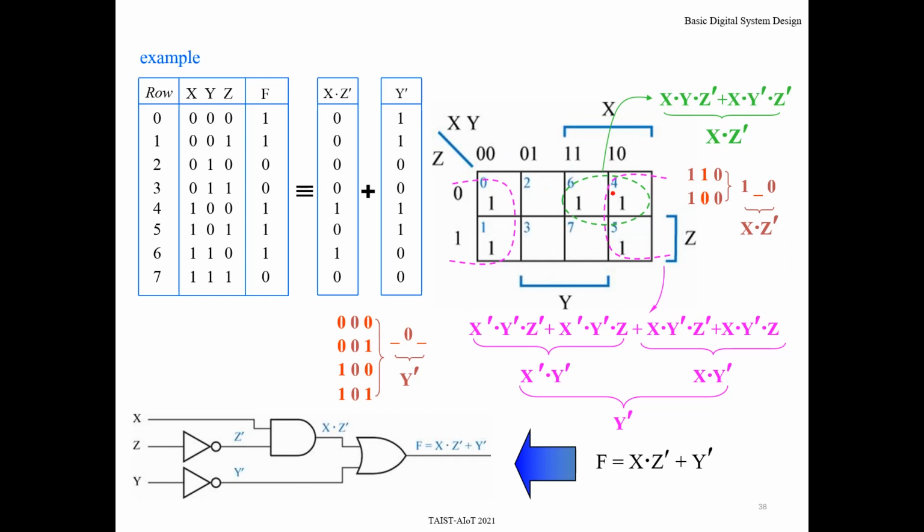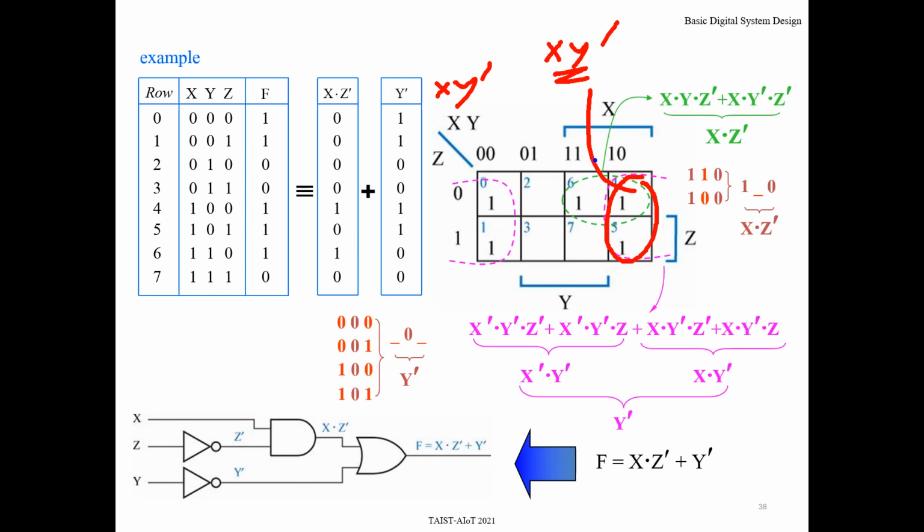If I start from this term, it is 1 0 0, namely x y' z'. If I remove one variable, maybe it links to this one. For this one, x is 1, y is 0, x y'. X y' will be 1 when x is 1 and y is 0.